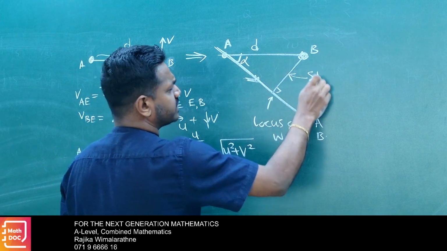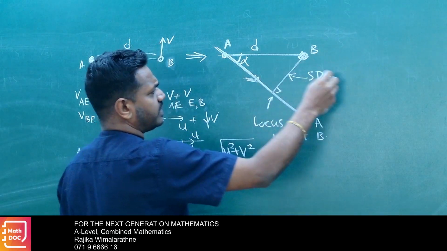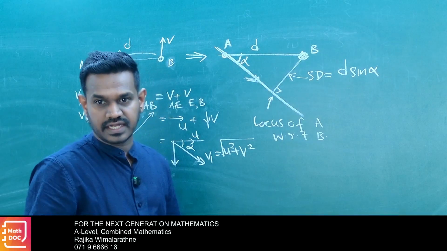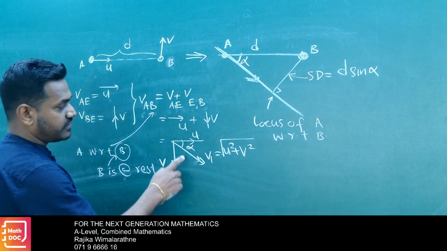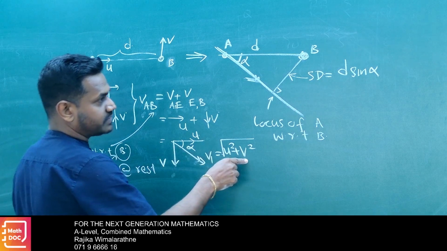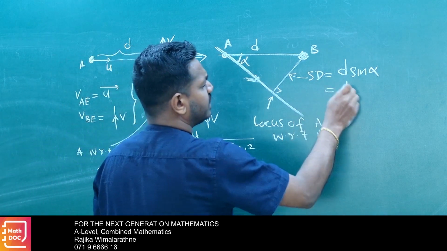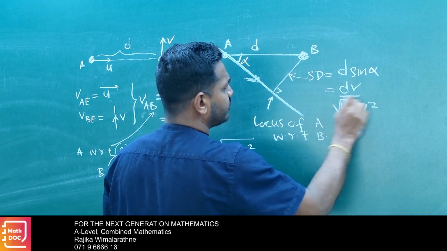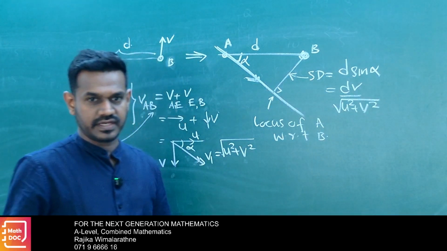So the shortest distance equals d sin alpha. By this you can find sin alpha equals v over the square root of u squared plus v squared, so the shortest distance is dv divided by the square root of u squared plus v squared. That is how we find the shortest distance.